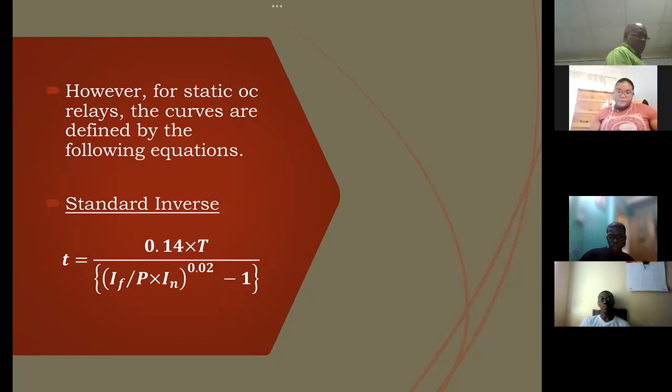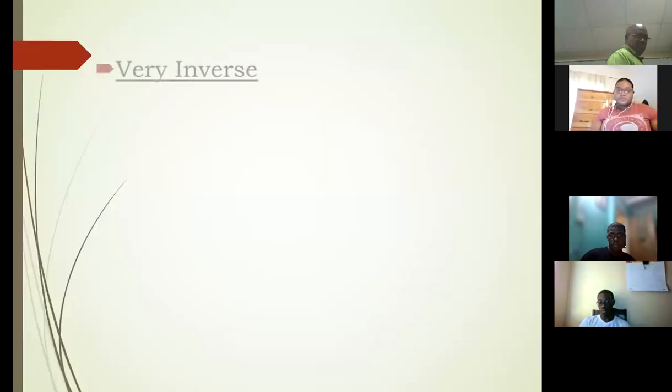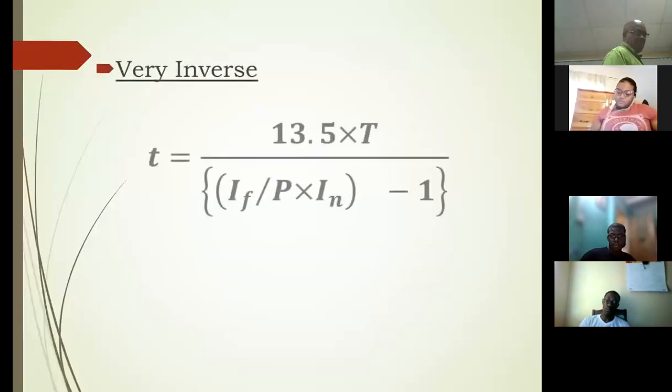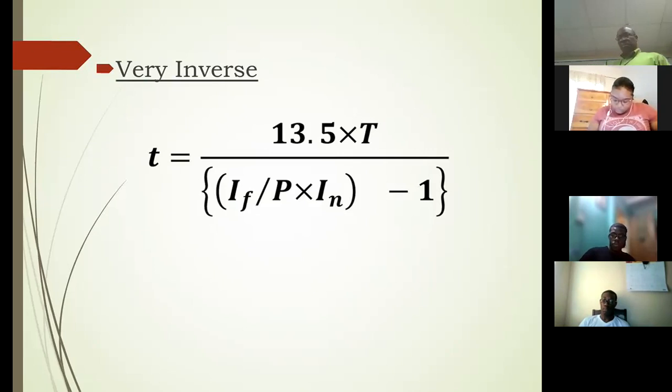All right, and finish with that. For the very inverse, we have 13.5 T divided by (IF over PIN) minus 1, so the IF over PIN is raised to the power 1.